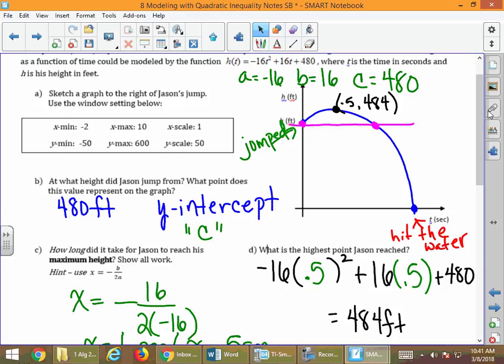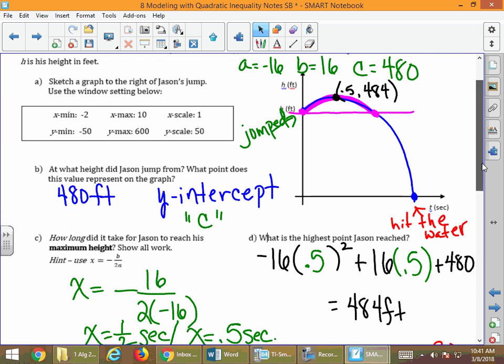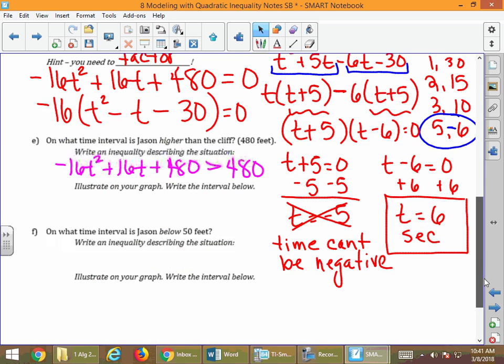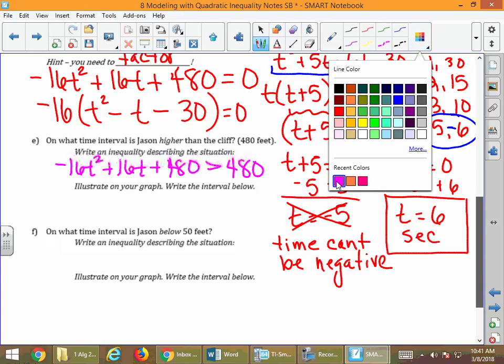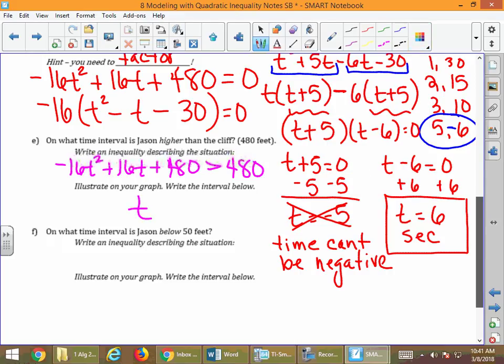Because when we draw in our highlighter, it's going to be that part. Should have used a different color. Oh well. In other words, it's going to be that our time is in between two values. We know one of them. It's going to be after he jumps.